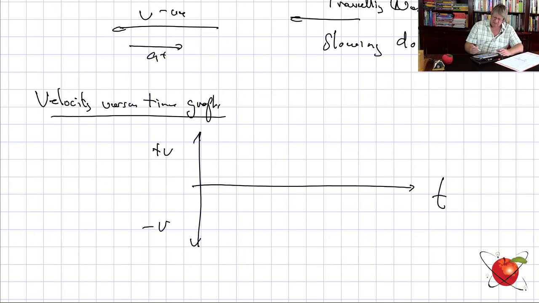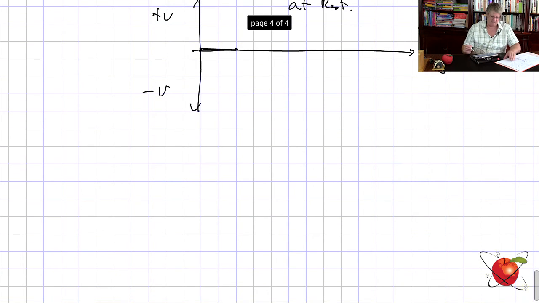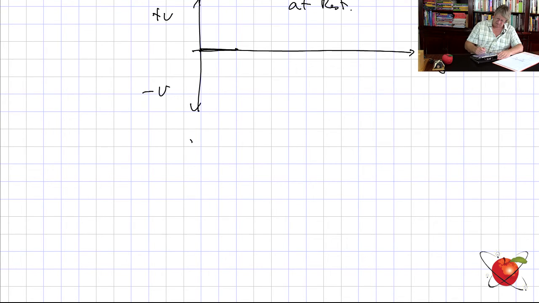Right? Now, what does it mean if I've just got a line here on the axis? Obviously, it means I'm at rest. Right? If I've got one on the axis, I am at rest. Why? Well, because my velocity isn't changing. And if the velocity isn't changing, then it means that I am standing still.